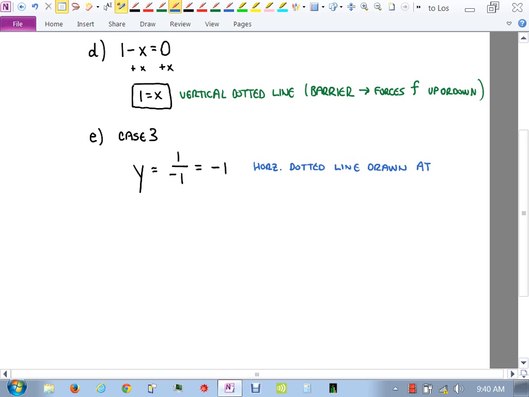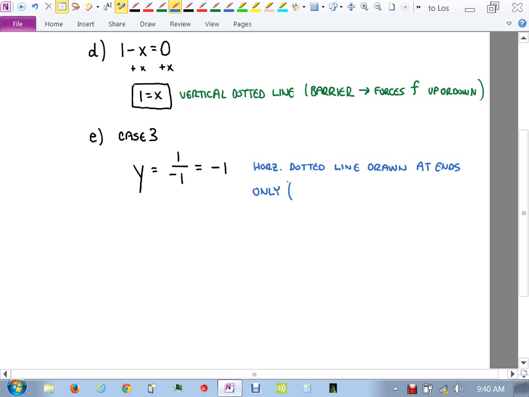Drawn at the ends only. So we'll be drawing a dotted line just at the edges at y equals -1. Wherever y is up and down, we'll actually go down 1 and we'll draw dotted lines at the edges. Right? But what does it do to our function?